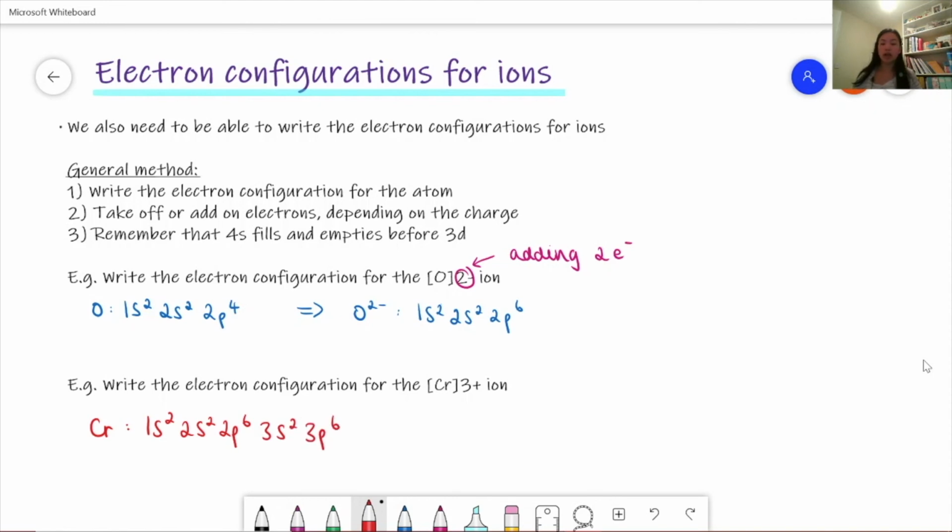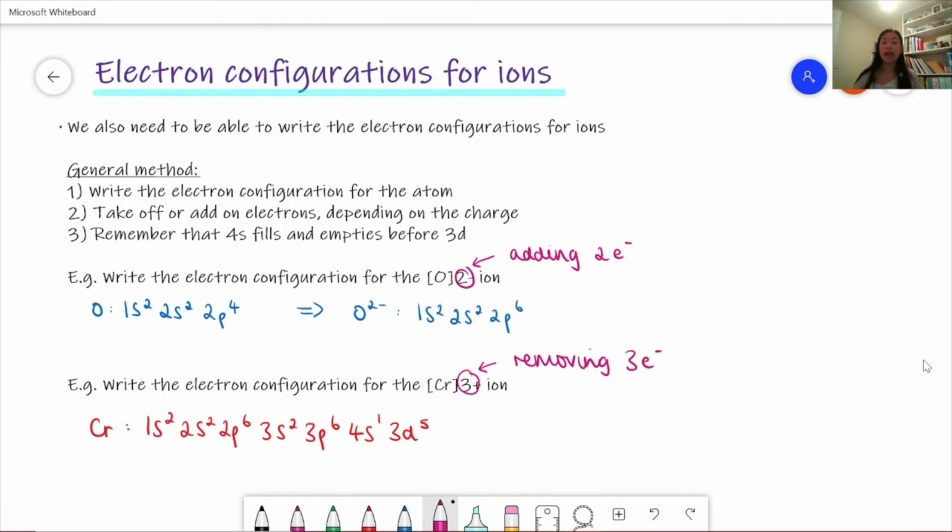So this brings us to argon. And then 4s fills before 3d, so we have 4s, but it likes to have 1. So we have 4s1 and then 3d5. So this is chromium.